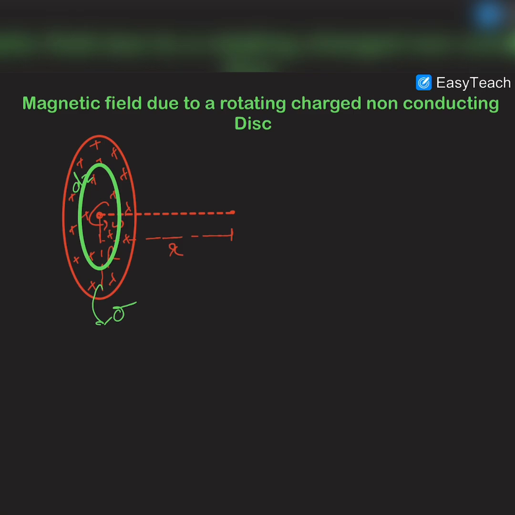So let us consider a ring of radius r, in fact of thickness dr. If we find out the charge dq of this small ring, then dq will be dA into sigma, and the area of this ring will be 2 pi r into dr, so dq will be 2 pi r sigma dr.